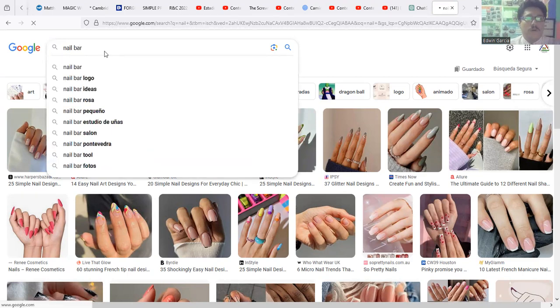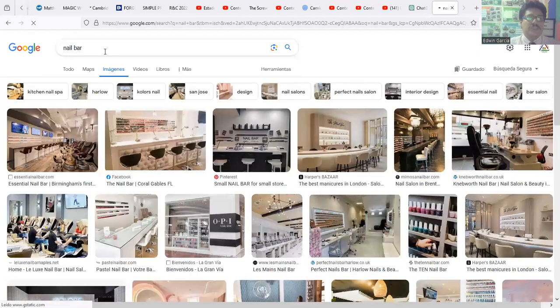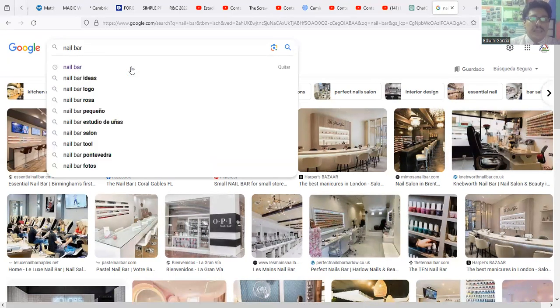It's like a beauty salon that's exclusive for making the nails, women nails. Well, now some men go to this place to have a manicure, and it's not bad. Many men want to have beautiful nails.